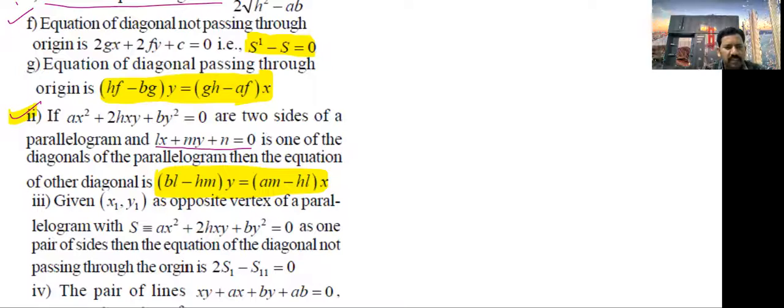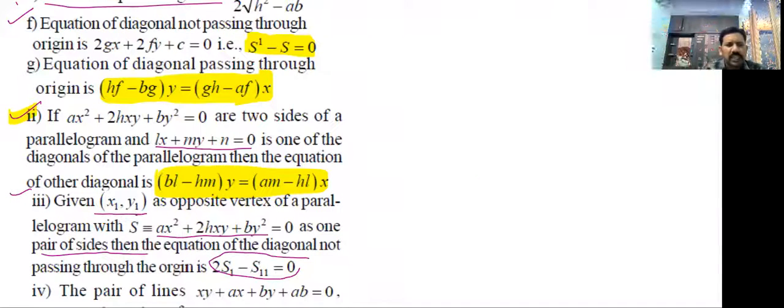Okay. Next, here the third point, observe here. Given (x1, y1) as the opposite vertex of a parallelogram with S equal to ax square plus 2hxy plus by square equal to 0 as one of the pairs of sides, then the equation of the diagonal not passing through origin is 2S1 minus S11 is equal to 0.